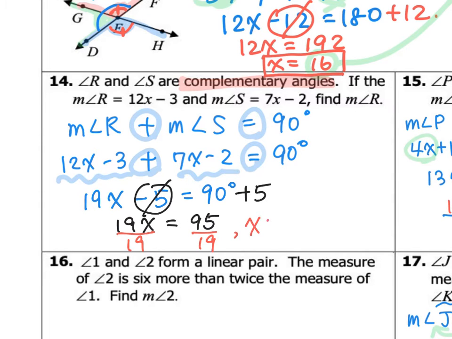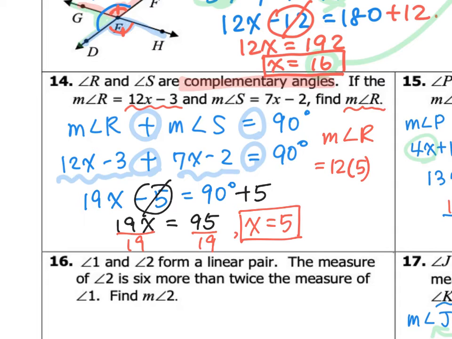So what is x then? That is right, x equals 5. Now we need to find the measure of angle R, which is 12x minus 3. So the measure of angle R equals 12 times 5 minus 3. That will be 60 minus 3, 57 degrees. Ta-da!